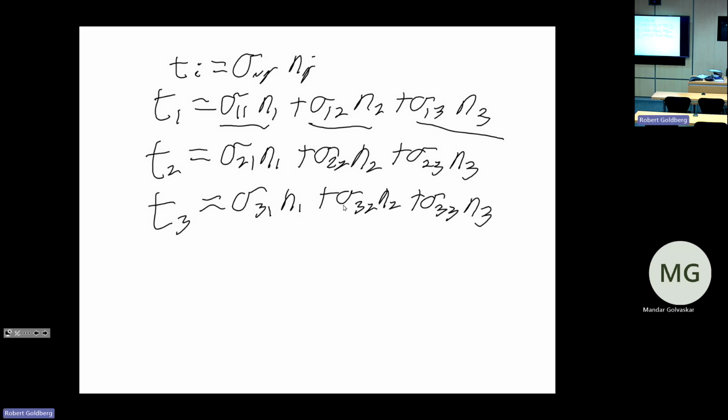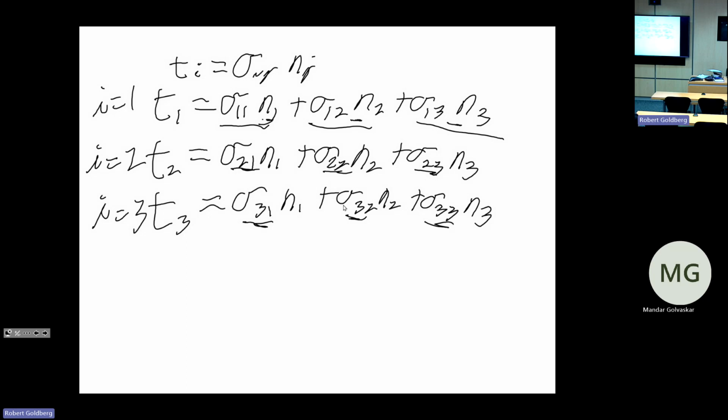So we cycle i: i equals 1, i equals 2, i equals 3. And because j repeats, we sum. j goes from 1 to 3, but we sum each of the components. So we first set j equals 1, then j equals 2, then j equals 3, and we sum these together. Then the same thing when i equals 2, and when i equals 3.